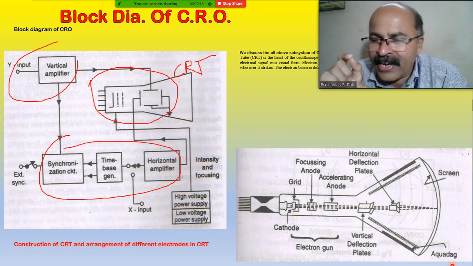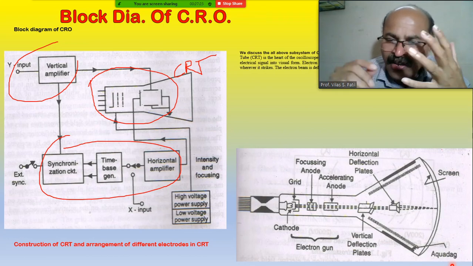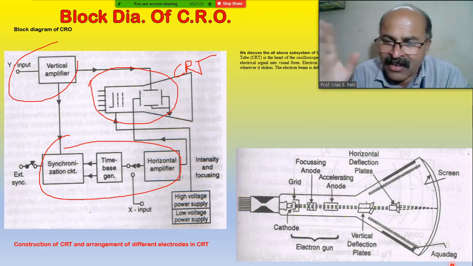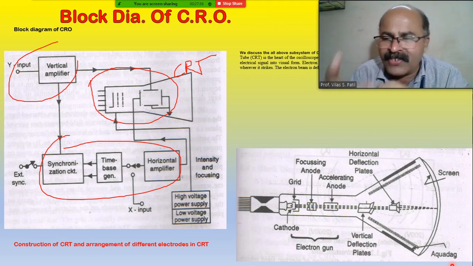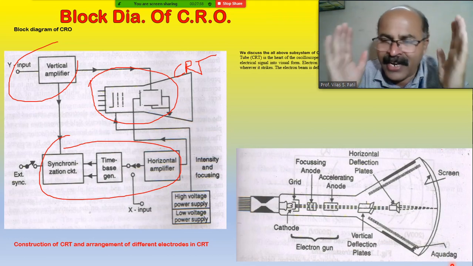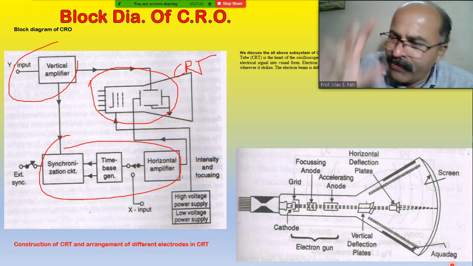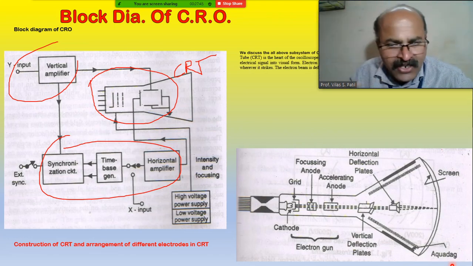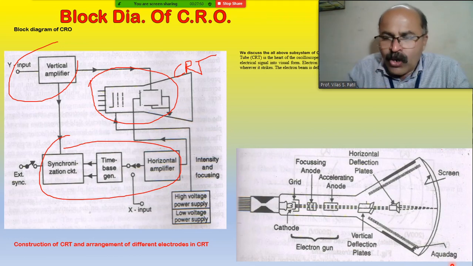This is the basic application of the aqueduct coating. Then another application of the glass envelope: it is used to support the different electrodes and other supportive systems placed inside the CRT. It is also evacuated. It is used to emit the electrons to produce the beam of electrons, which is accelerated in the electron gun region, then deflected in the region of the deflection system, and again strikes on the fluorescent screen.